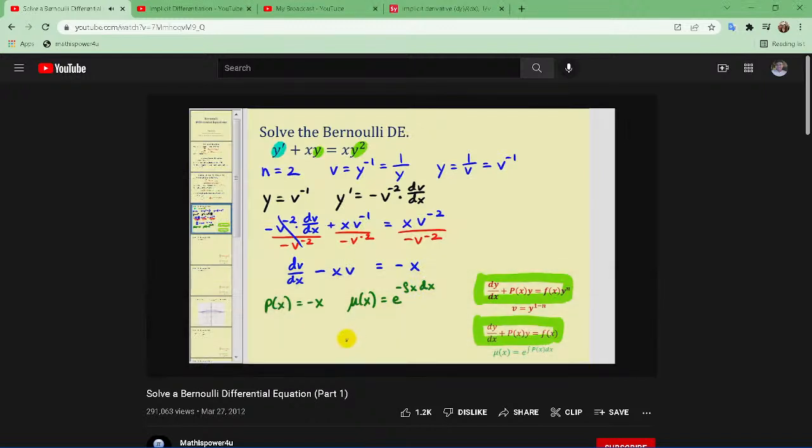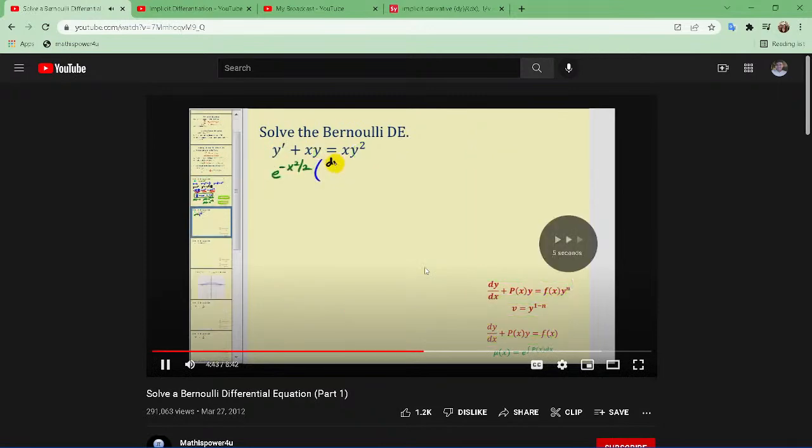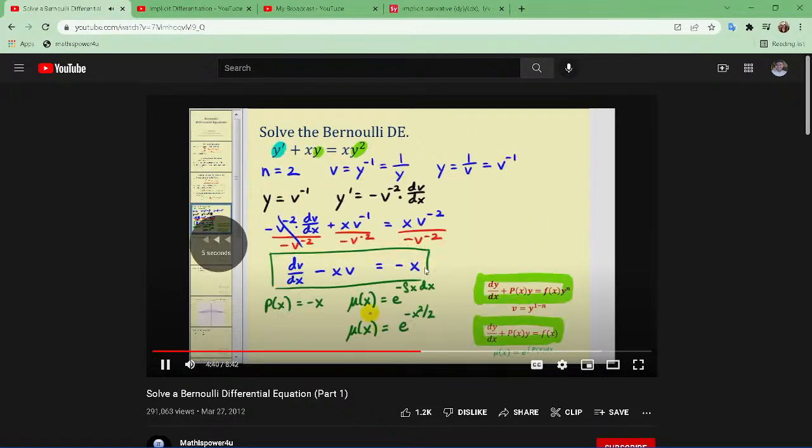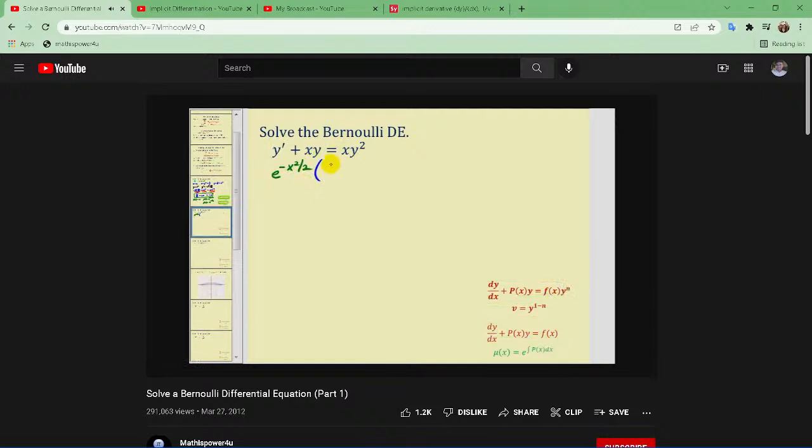So mu of x by the integrating factor by 2. Now we'll multiply both sides of this differential equation by the integrating factor. Let's go ahead and do that on the next slide. Wait, what? Now let's go ahead and distribute.